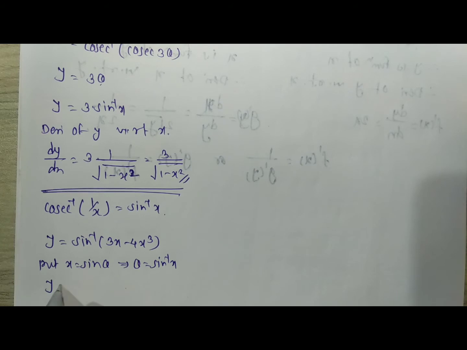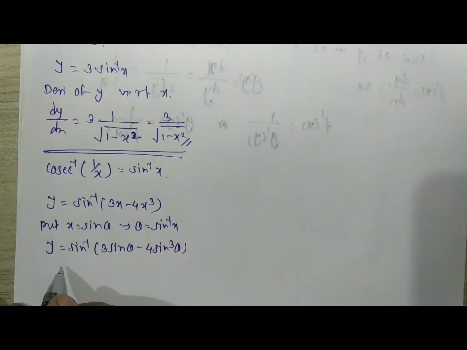Here you will get y is equal to sine inverse of 3 sine theta minus 4 sine cube theta, and this is nothing but sine inverse of sine 3 theta. Once again sine inverse and sine cancel each other. Y is equal to 3 theta, so y is equal to 3 into sine inverse x.